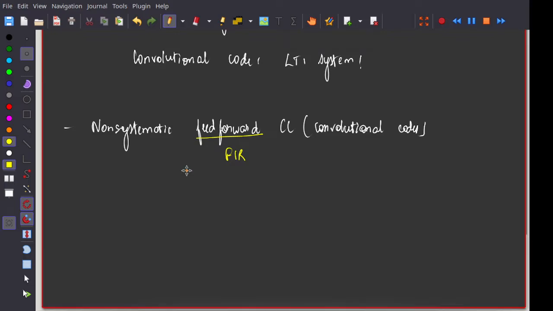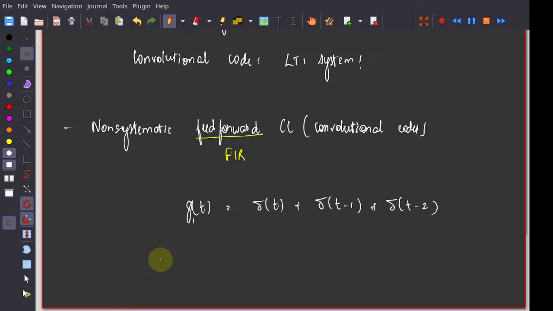So let's maybe take some example. Suppose I have m of t. Let us say that g of t is delta t plus delta t minus 1 plus delta t minus 2.